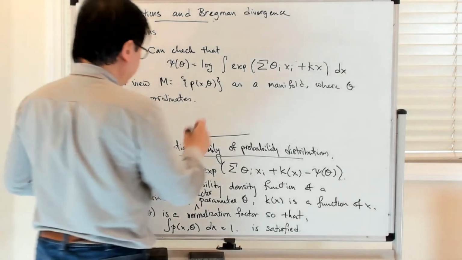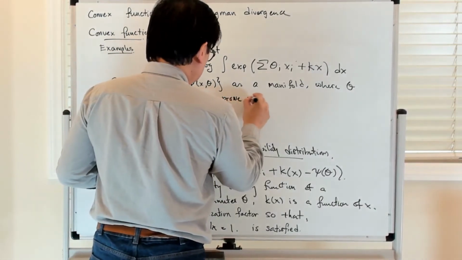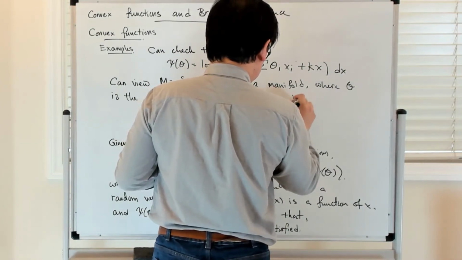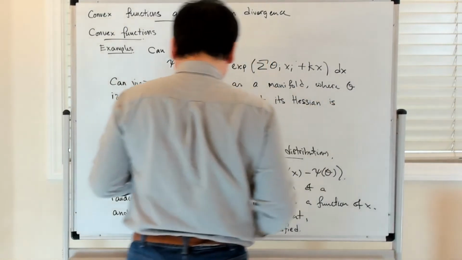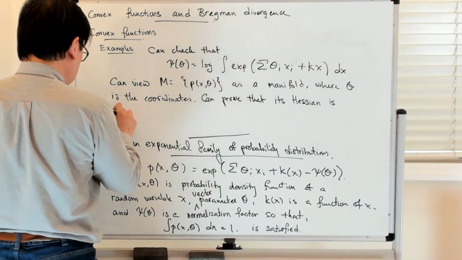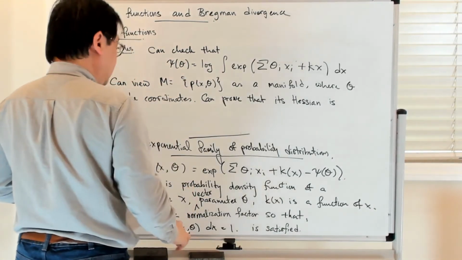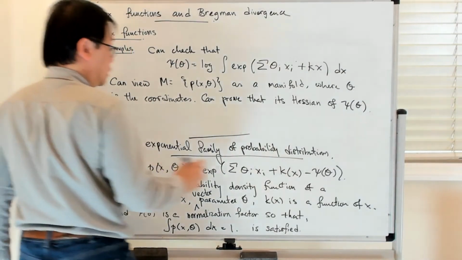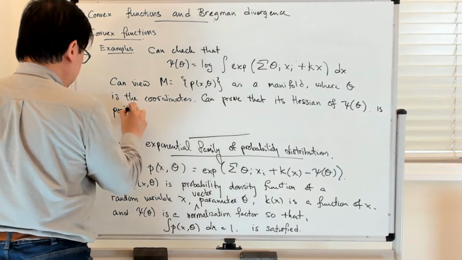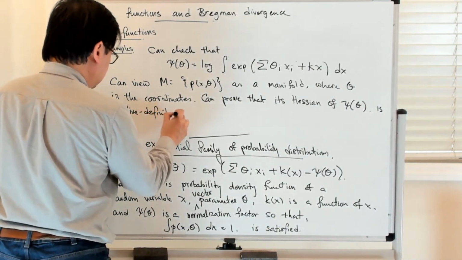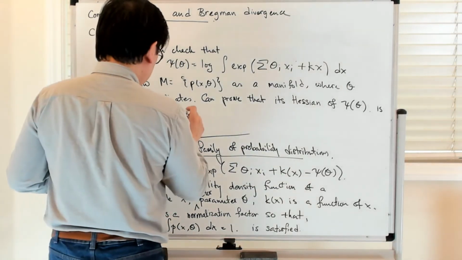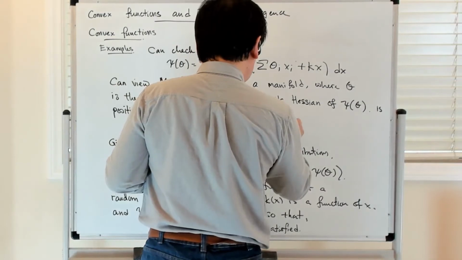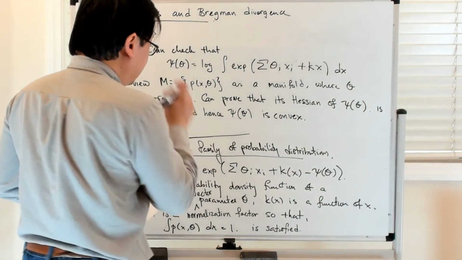Then you can prove that the Hessian of this function is positive definite, and hence this function is convex.